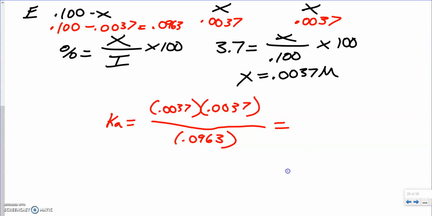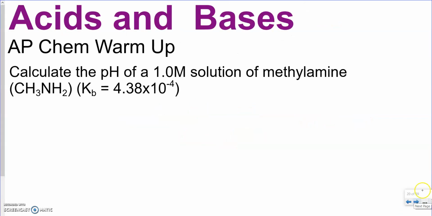Smartboard being silly right now. There we go. I'm getting a Ka value of 1.4. We'll go out to 2 sig figs because that's what it looks like. 1.42 times 10 to the negative fourth is our Ka value. So not too hard, pretty easy actually. Again, it's an application of equilibrium and taking it one step further. So let's keep looking at some more problems.